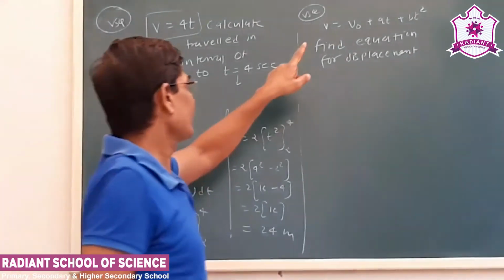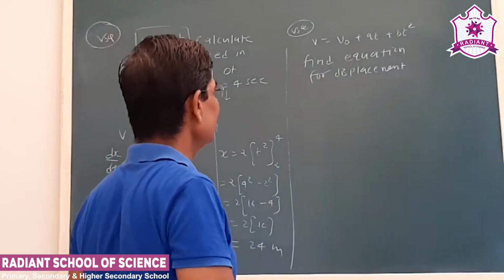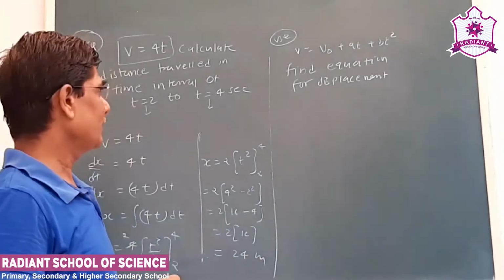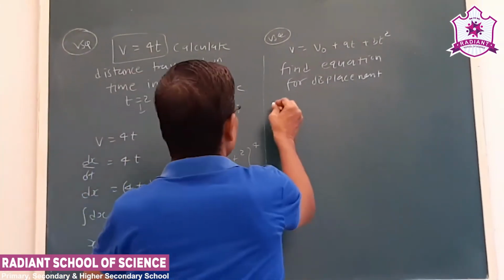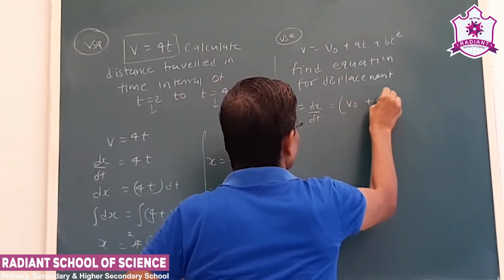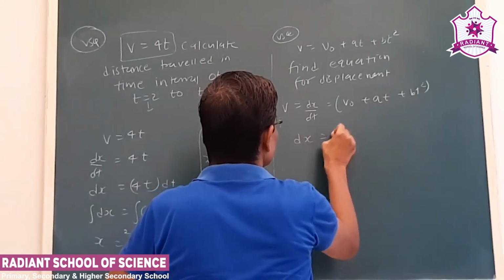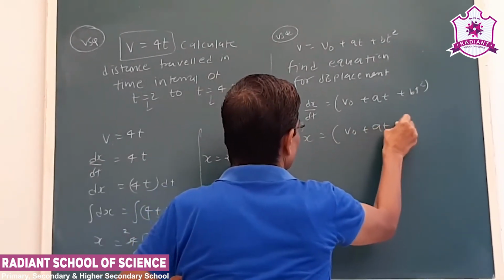Now here, see, v is equal to v naught plus at plus bt square. We have to simply calculate the equation for the displacement. Now we know v is equal to dx by dt is v naught plus at plus bt square. So dx is equal to v0 plus at plus bt square dt.